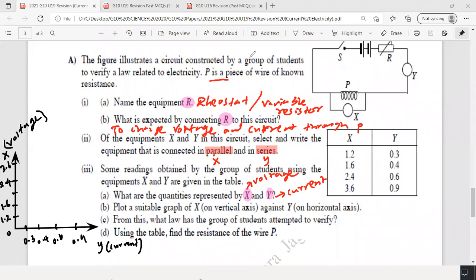Right. Now you have to plot the graph. When you plot the graph, you get a straight line most probably. Look at the screen, everyone. You get a straight line.